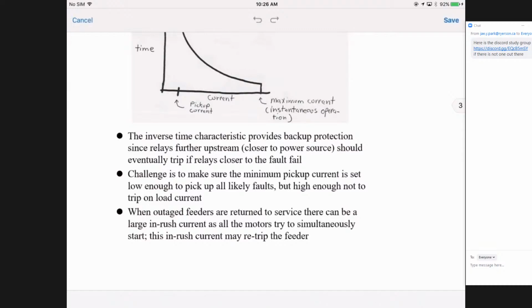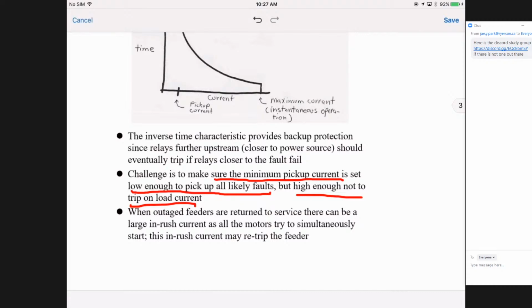Okay, the challenge is to ensure the minimum pickup is low enough to pick up all the likely faults. So it will be low, but again there is a contradiction: it must be high enough not to trip on the normal load.